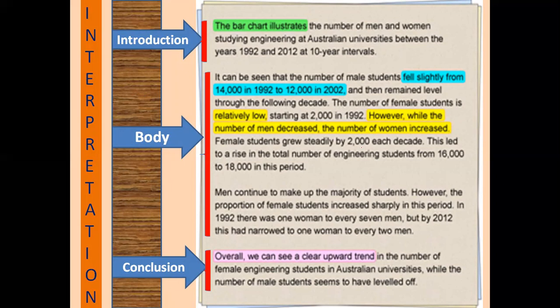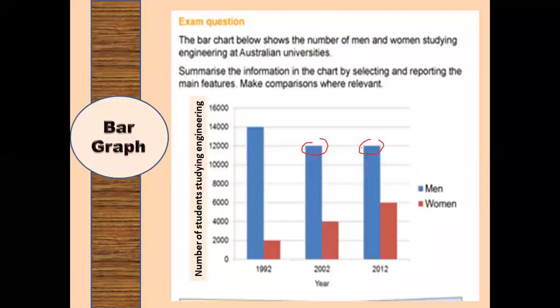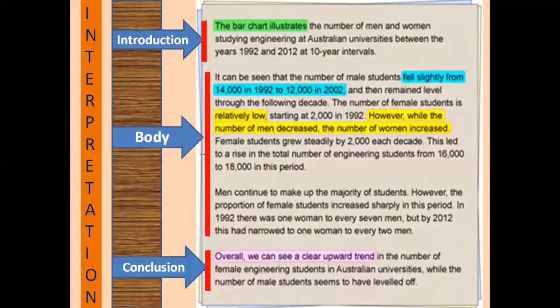In the next line, you will see that the difference is what? You will find that the number of men is decreasing and then it leveled off. But you will find the number of females is going up. It is increasing. This is what you have to write in it.